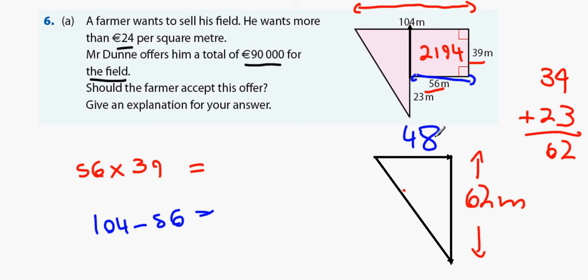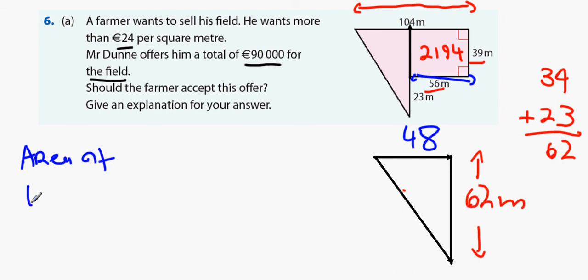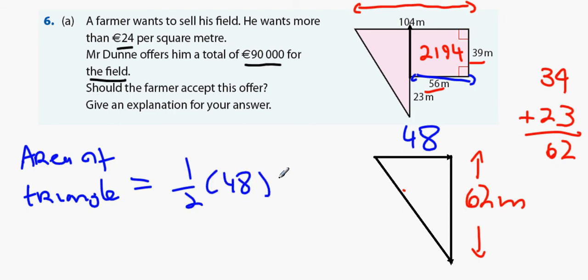So the area of the triangle therefore is a half base by height, which is a half 48 times 62. Which is 1,488 meters.